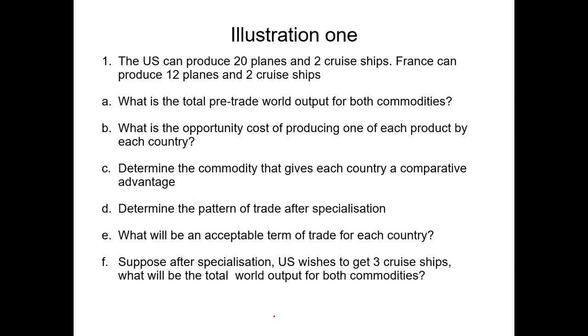Here we are just going to illustrate it in a simple diagram. Remember, the US can produce 20 planes and 2 cruise ships with the resources they have, and France can produce 12 planes and 2 cruise ships. We want to illustrate it in a table. So we have this table.